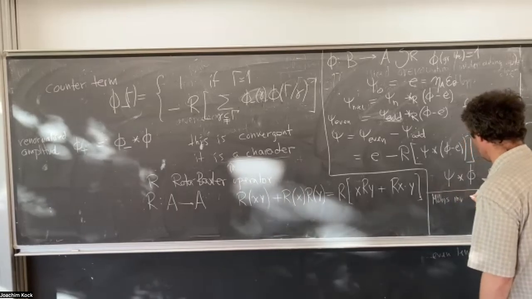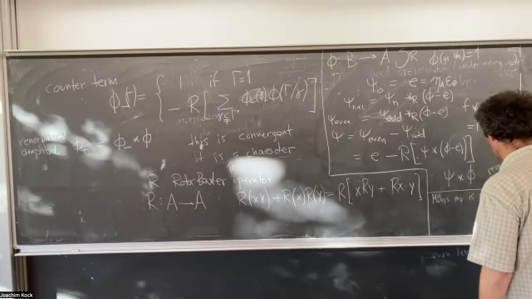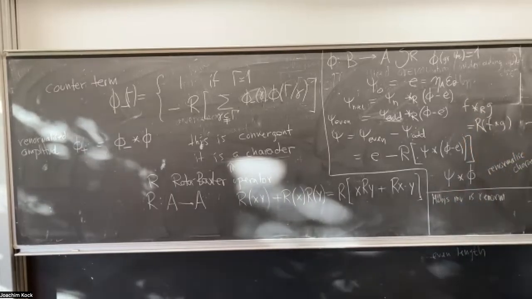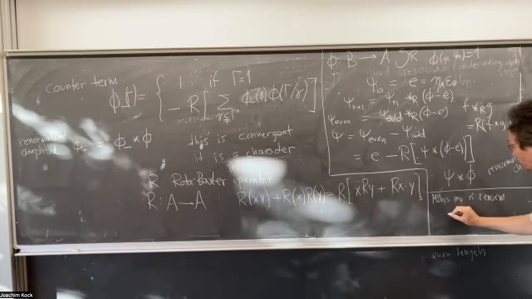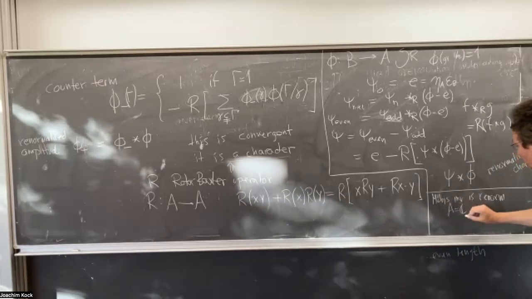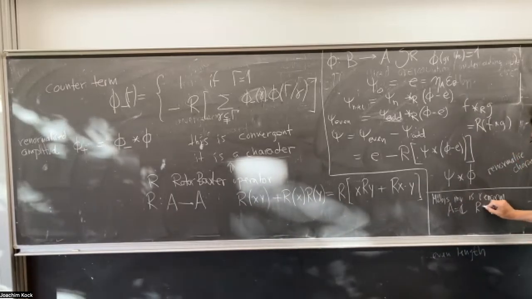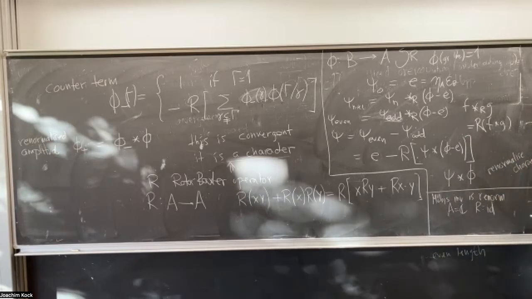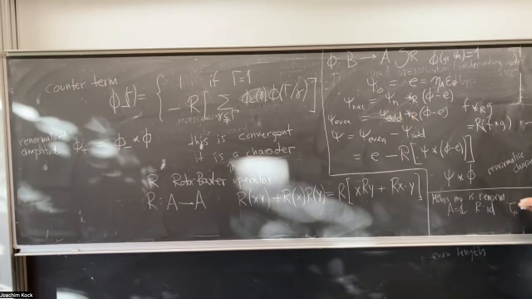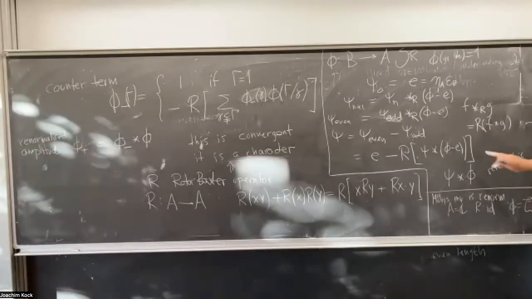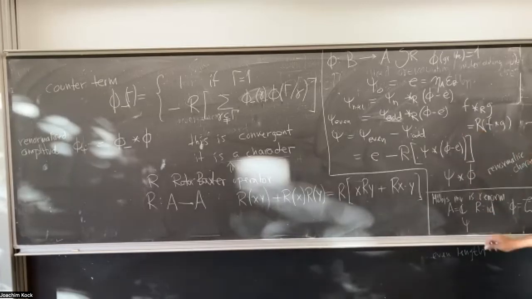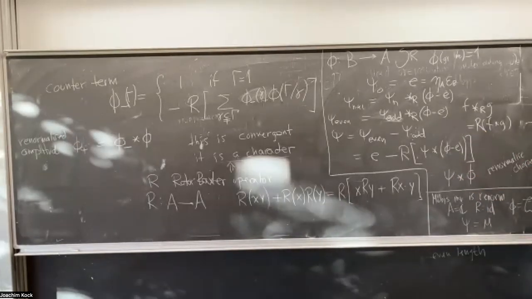Möbius inversion is renormalization by taking A to be the ground field, R to be the identity operator, and the character we start with should be the zeta function. And then when you do all this, the resulting thing you find is the Möbius function.